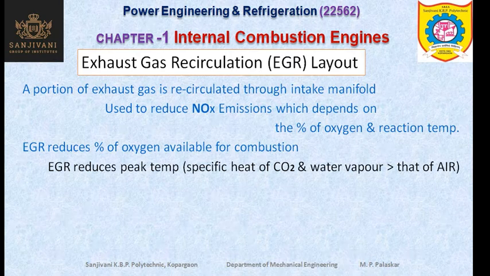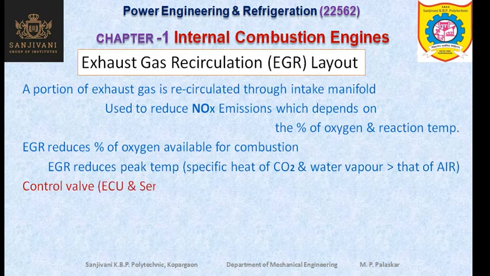Since the specific heat of CO2 and water vapor is more than that of air, they will absorb more heat with less increase in temperature. Therefore the peak temperature will be reduced due to EGR, due to exhaust gas recirculation.